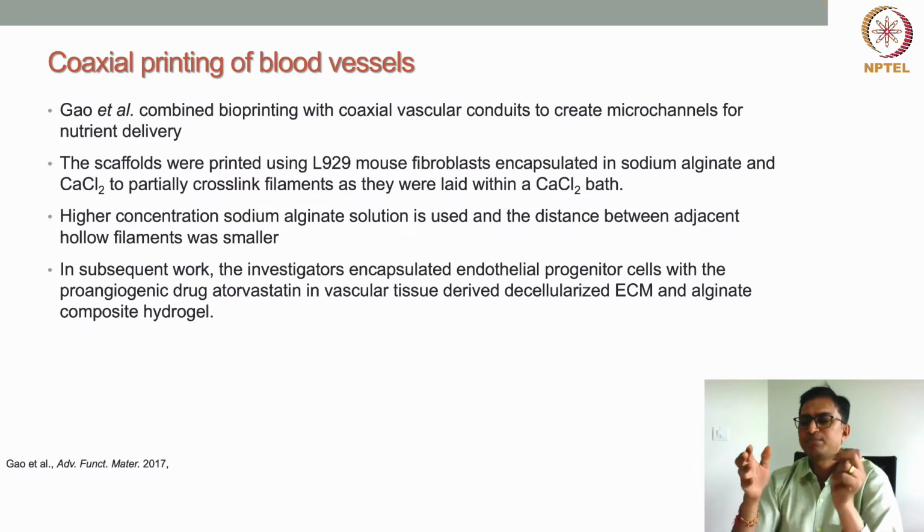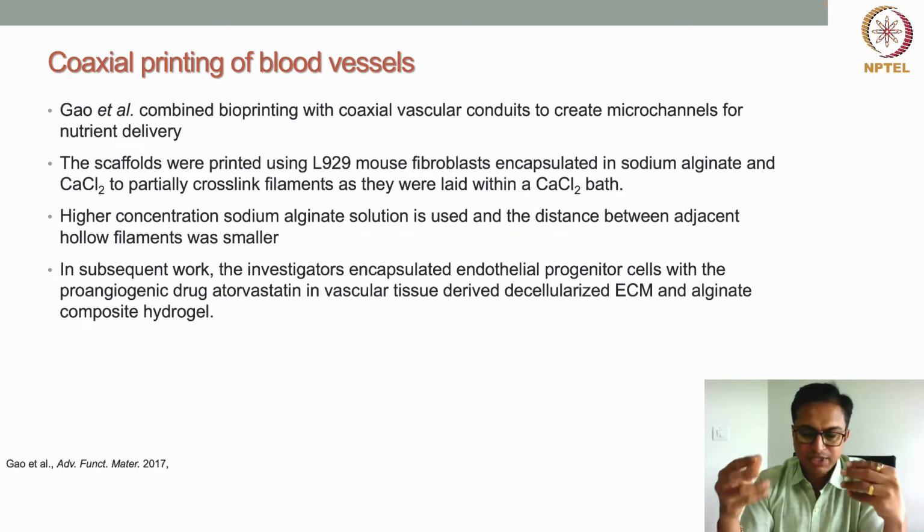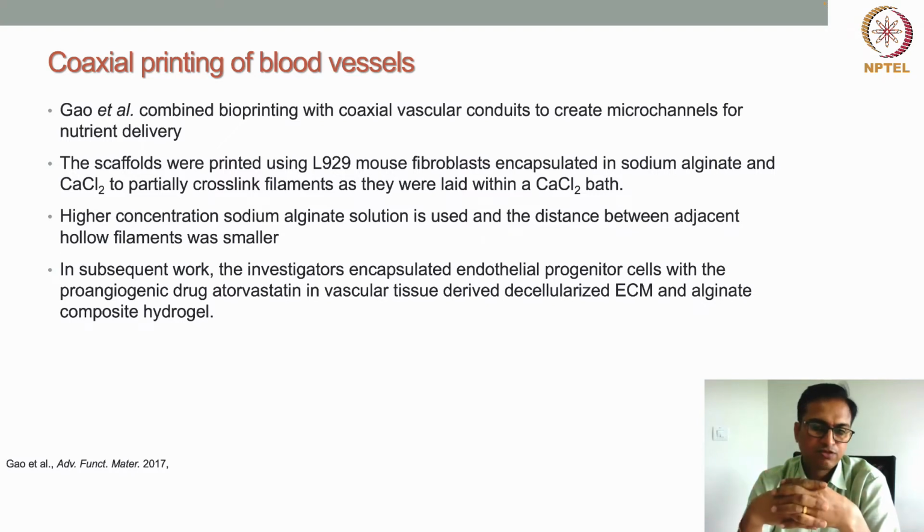So they made a composite of disulfide plus alginate and used the same concept of coaxial bioprinting, by which the tube-like structure was developed and filled with calcium chloride solution, and then that can be used as a blood vessel for further applications.